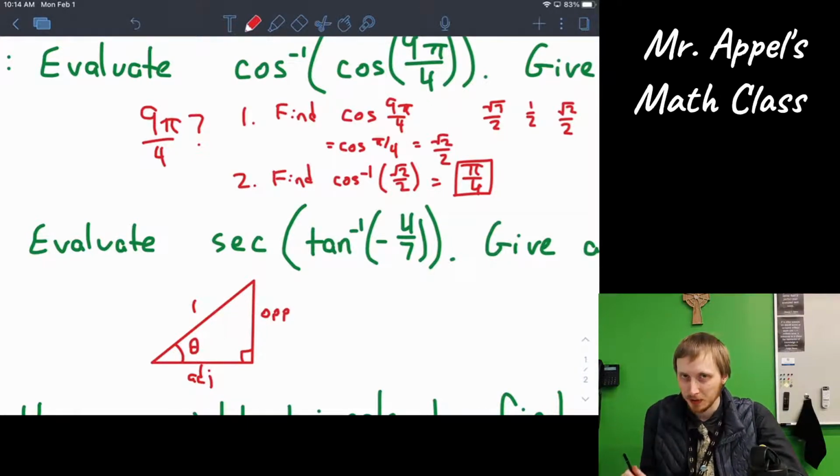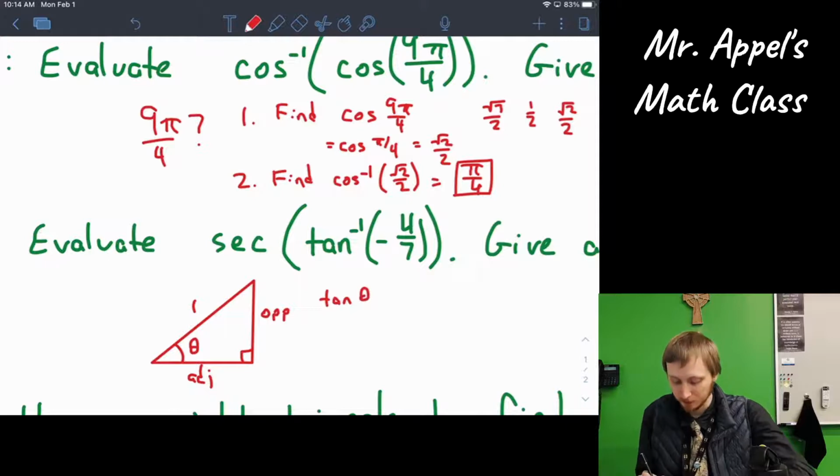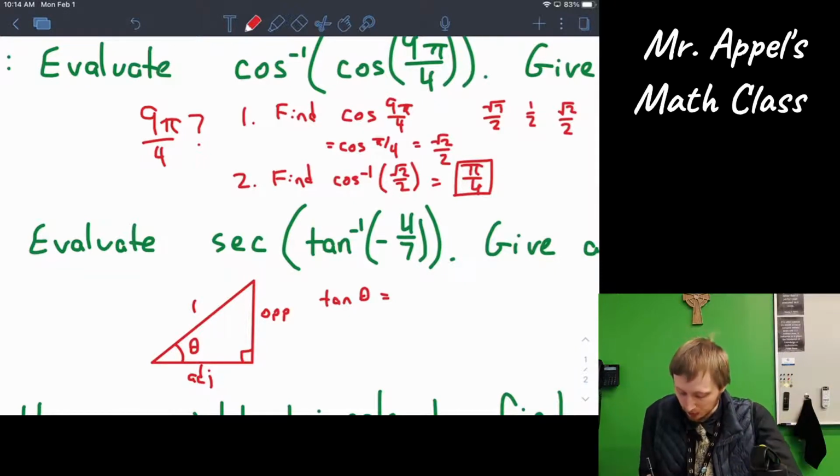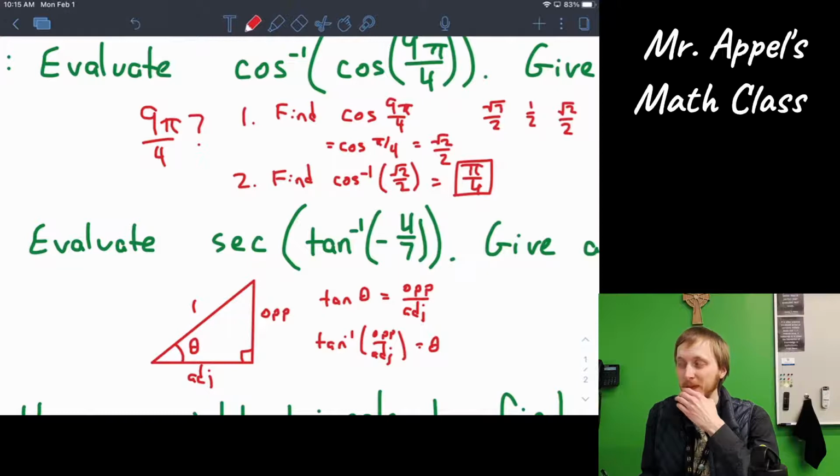And the tangent of that angle theta would be the opposite over adjacent. We remember our SOHCAHTOA. Which means the inverse tangent of that opposite over adjacent will give us back our angle theta, right?